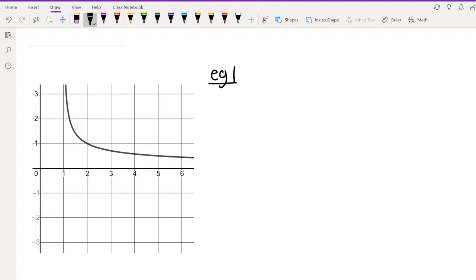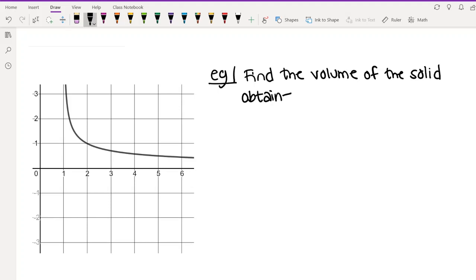So the first example is we're going to find the volume of the solid obtained by revolving the region.